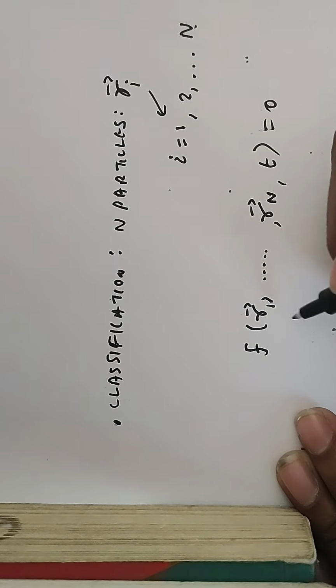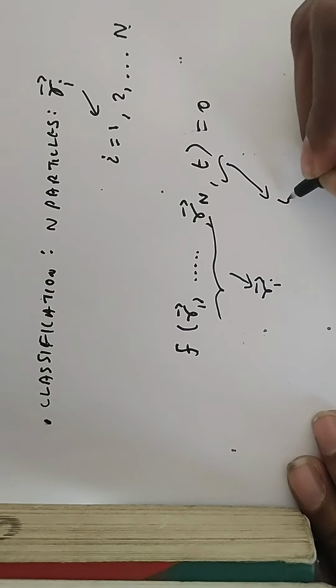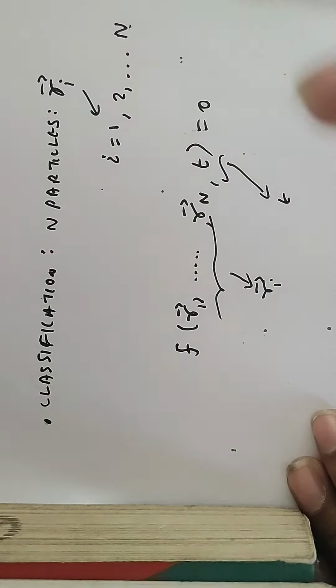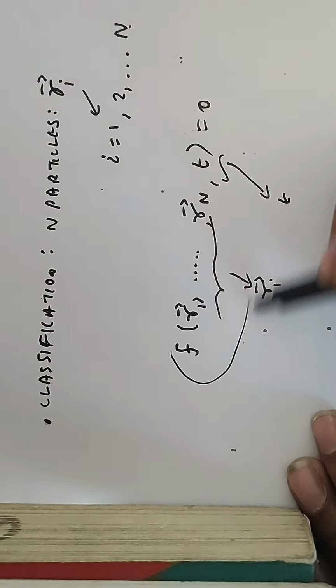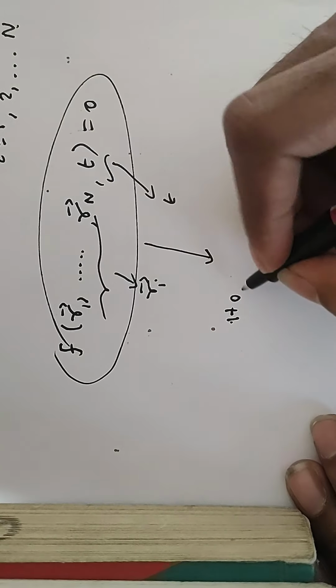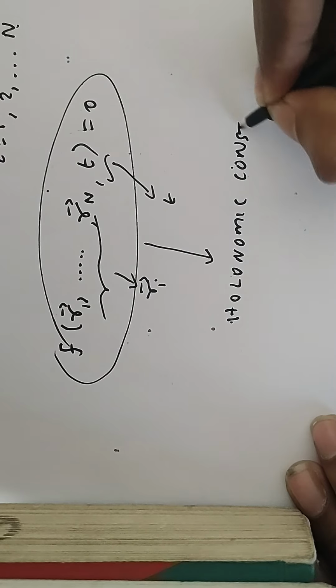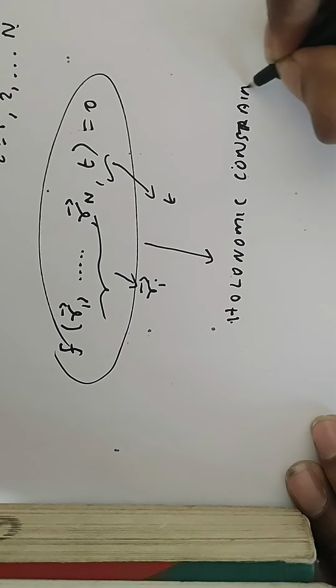If a function depends upon these r_i and possibly explicitly on time, such equations are called holonomic constraints. Such type of constraints are called holonomic constraints.